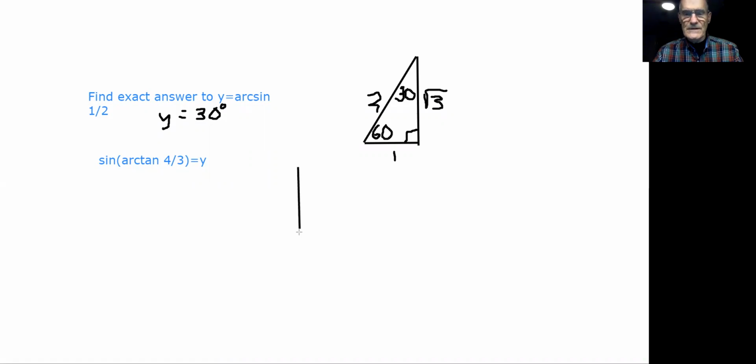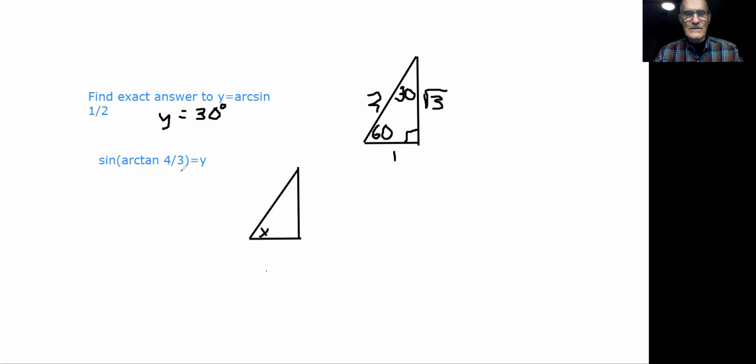So when I draw my triangle, I come down like this, and I can come across like this, okay? Now this right here is my angle, we'll call it x. This is x.